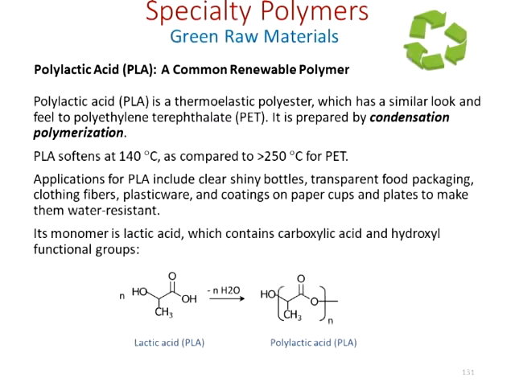And one other specialty polymer that we like to mention is one that has green raw materials. It's polylactic acid, PLA. It's called a common renewable polymer. It is part of the green effort to make polymers more environmentally friendly, as in more biodegradable. It comes from nature, goes back to nature.